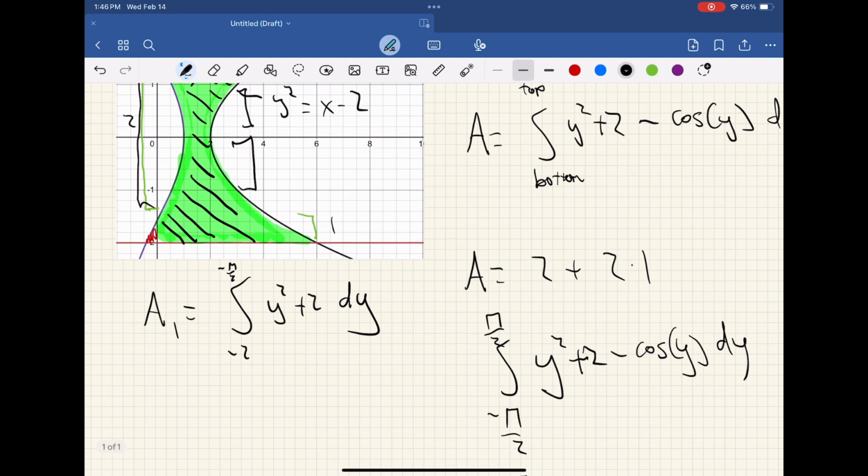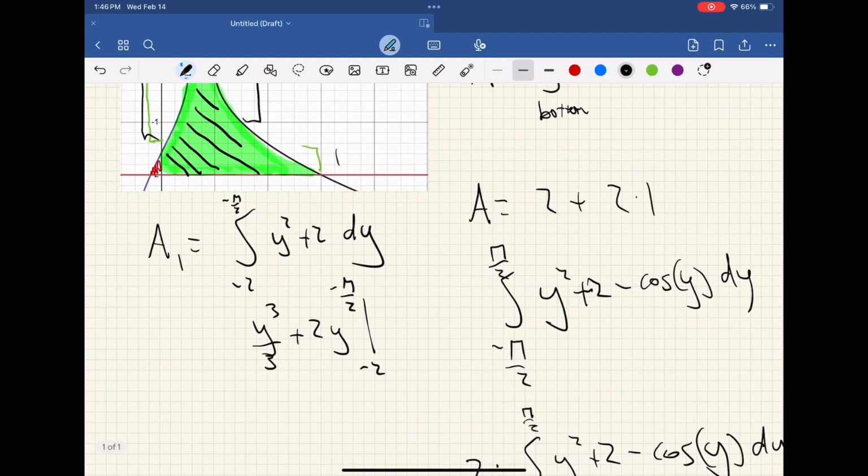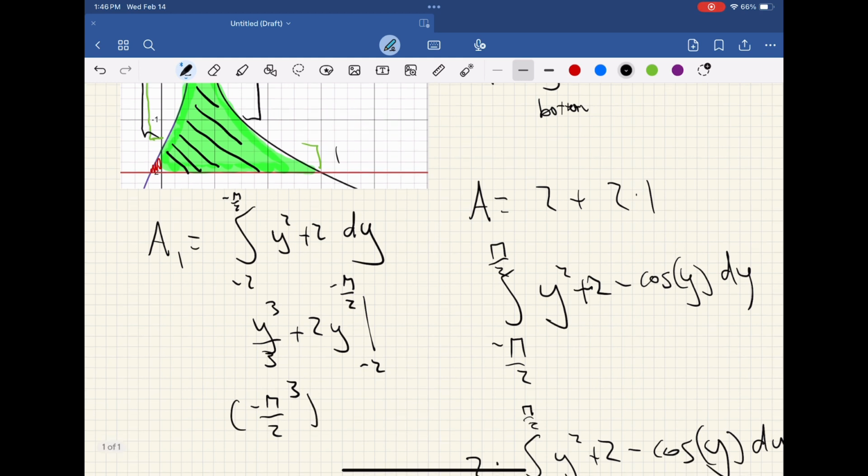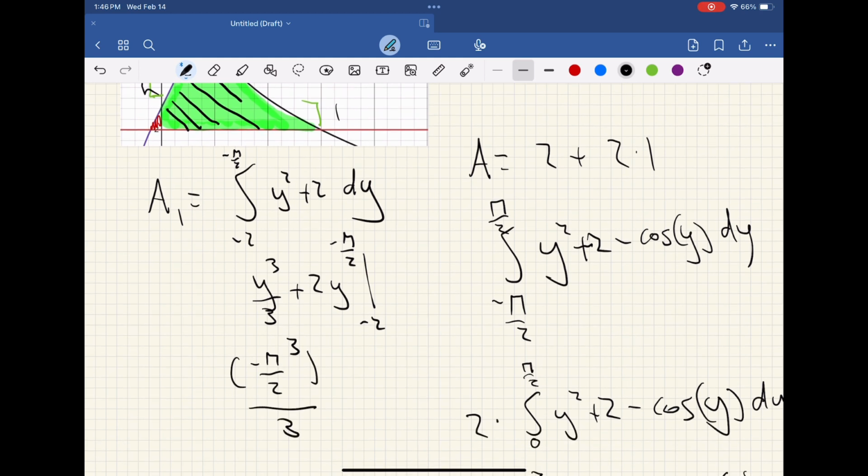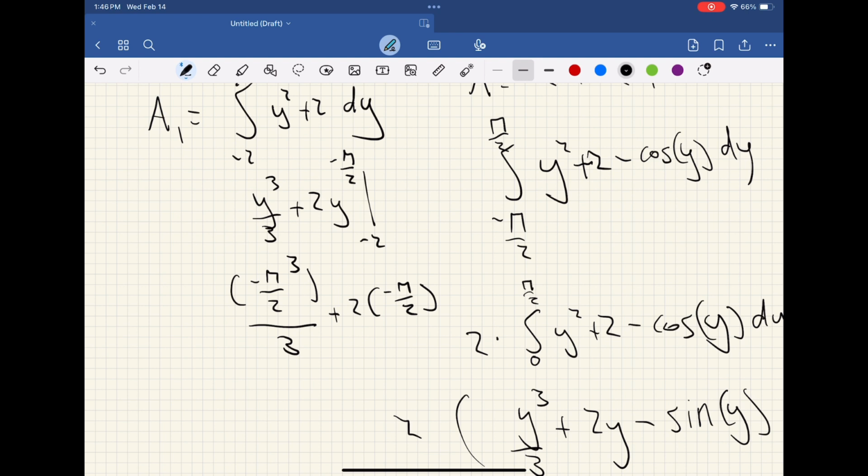This is a pretty trivial integral. Y cubed over 3 plus 2y from negative pi over 2 to negative 2. So we're going to say negative pi over 2 cubed divided by 3 plus 2 times negative pi over 2.